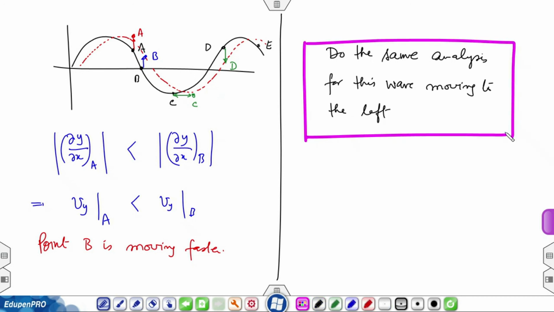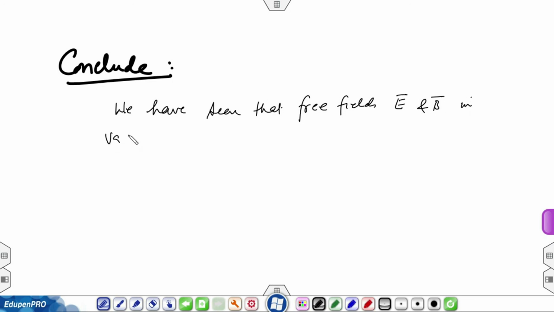So, to conclude, we have seen that free fields E and B, by free fields I mean source free in vacuum, satisfy the wave equation.